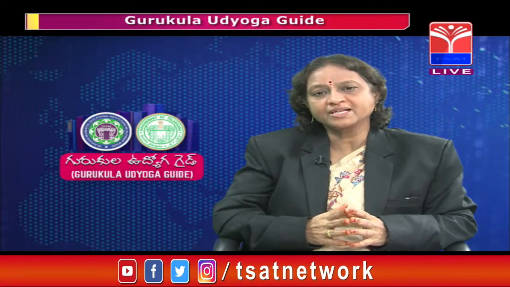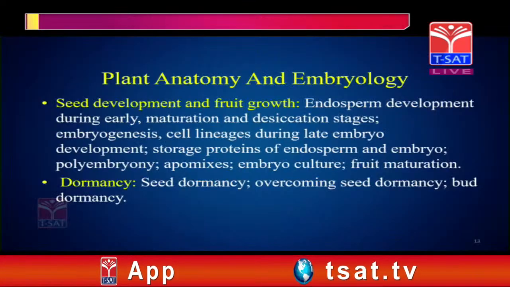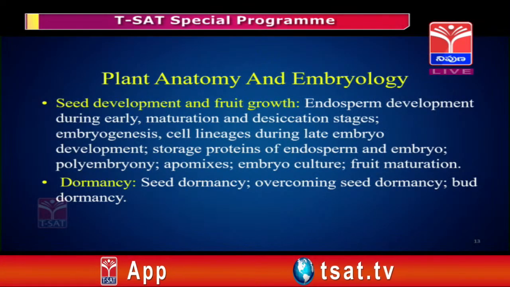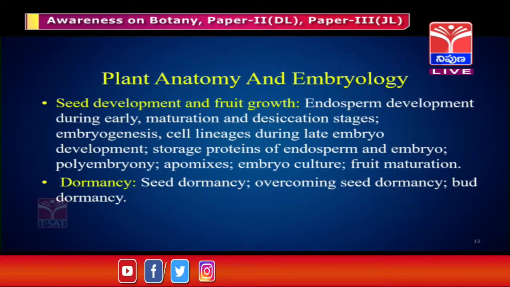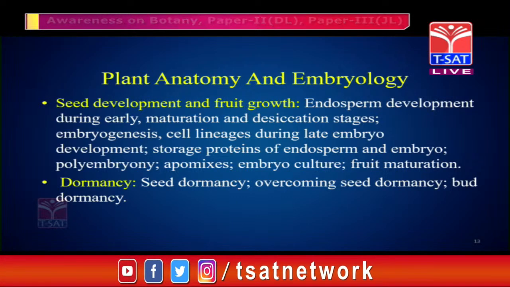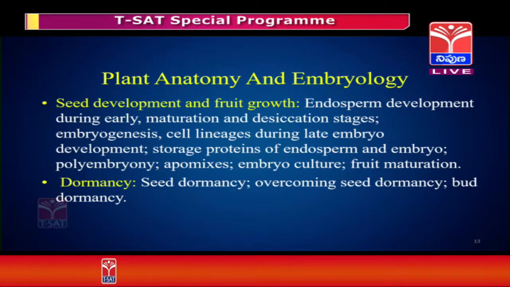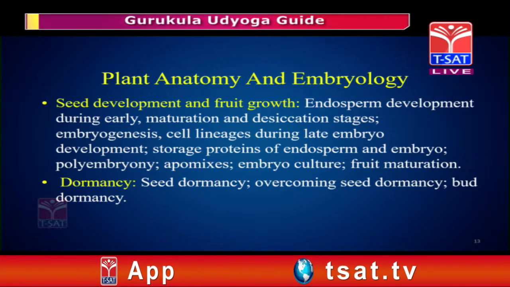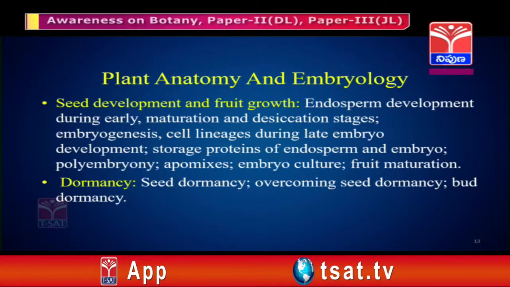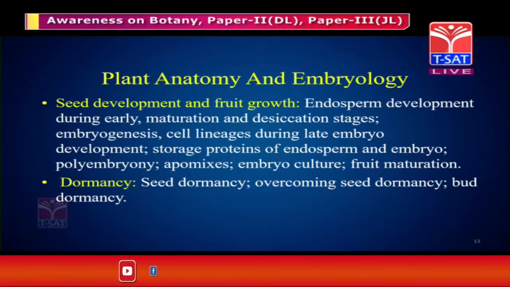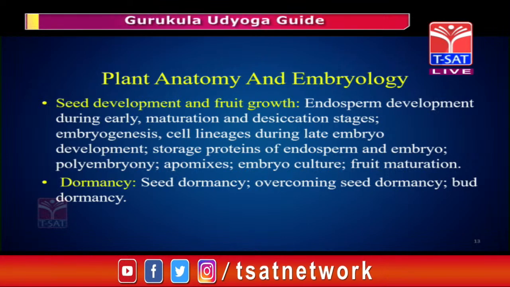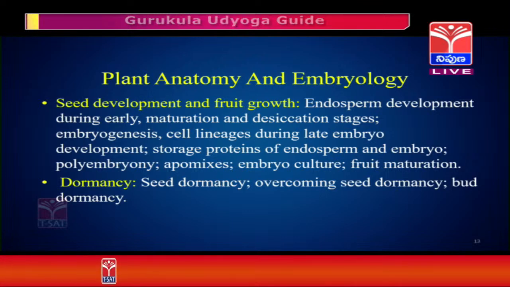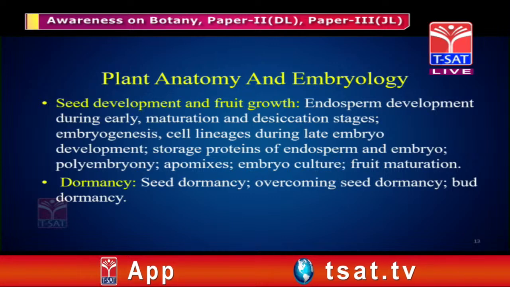Apart from male and female gametophyte, under embryology you also have seed development and fruit growth: how the endosperm is developing, whether it is nuclear type or cellular type or helobial type, what are the examples, then how the embryo is developing, that is embryogenesis, then different types of embryos, that is either dicot embryo or monocot embryo, how they are developing, what are the different stages of this development, then how do you classify the endosperm, then what is the condition of polyembryony or apomixis, and then fruit maturation.